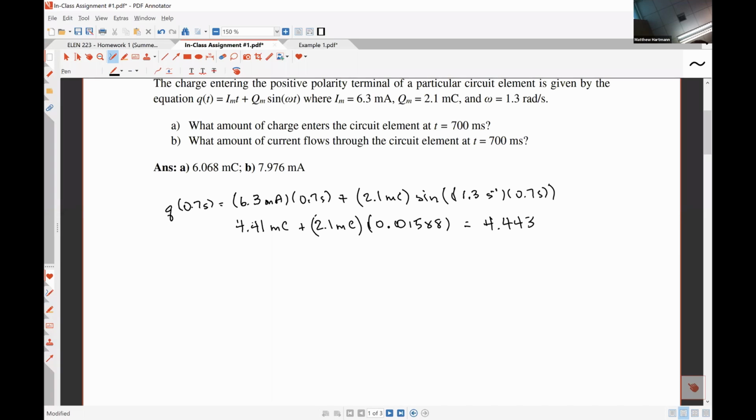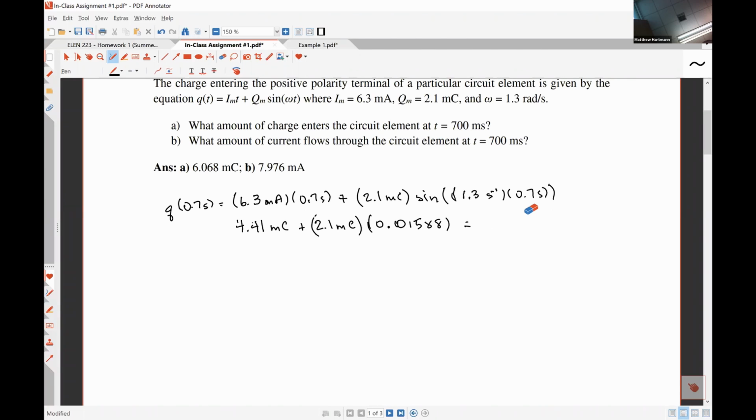That is exactly right. So it's very important that you pay attention to whether you're working in radians or degrees. We are going to be working an awful lot of problems in this class where we're utilizing omega, which is an angular frequency, and it is, by definition, always expressed in radians per second. So it's very important that your calculator is working in radians. And for the next part of the problem where we're going to have to take a derivative, if you were to take the derivative on your calculator with it set in degrees, it's going to give you a horrifyingly messed up answer.